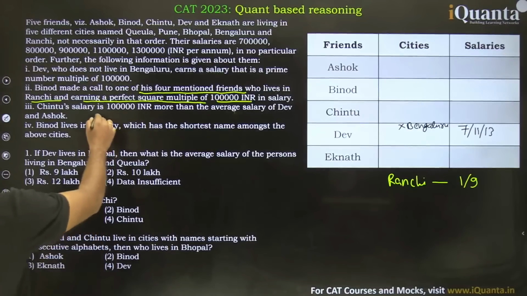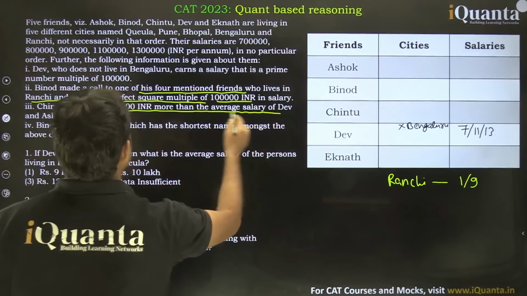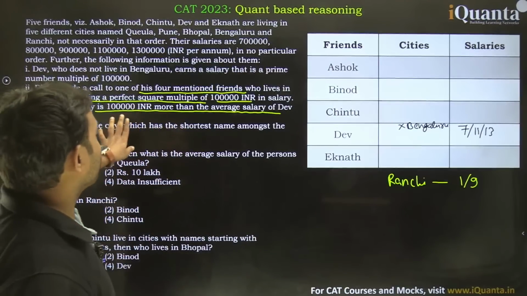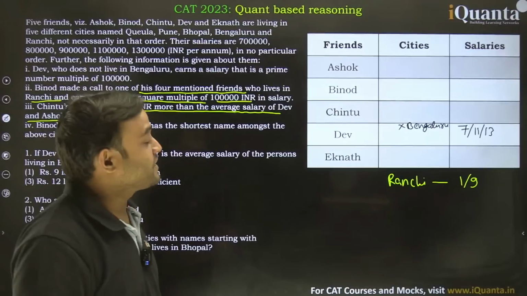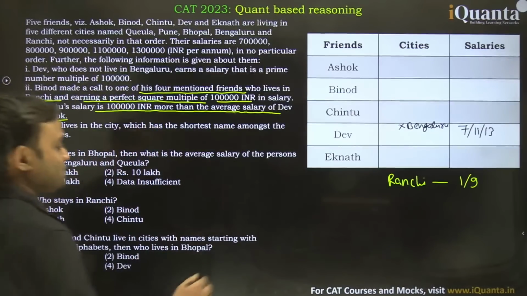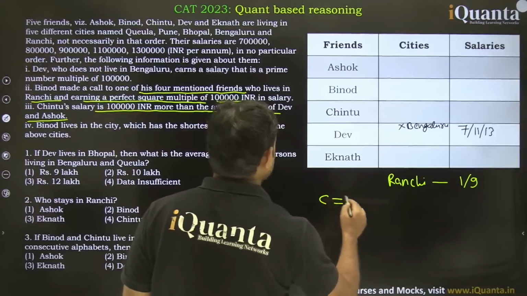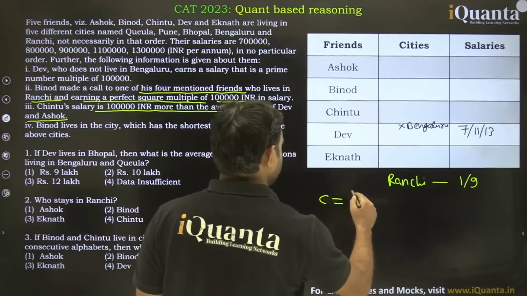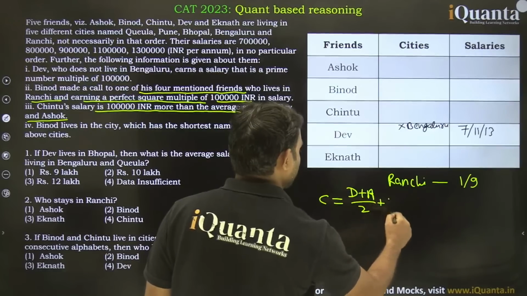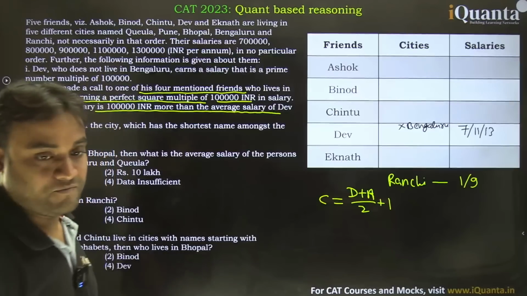Chintu's salary is 1 lakh more than the average salary of Dev and Ashok. Now, this is a very good clue. It says Chintu's salary, so C is equal to average of Dev plus A, that is (D plus A) by 2, plus 1. 1 lakh more than this.